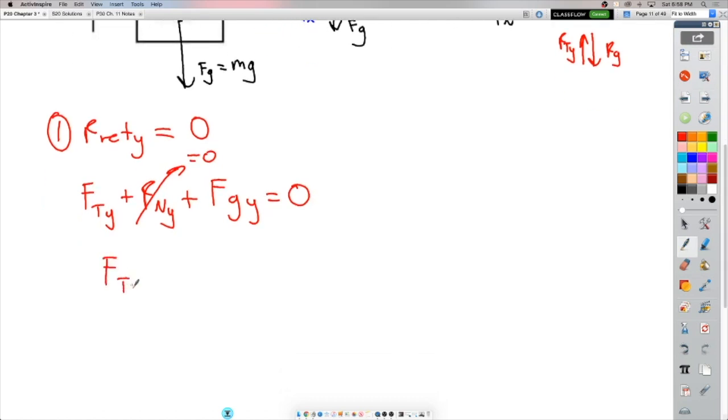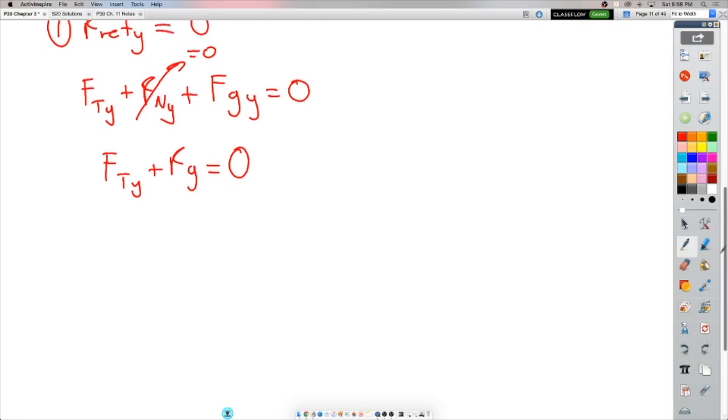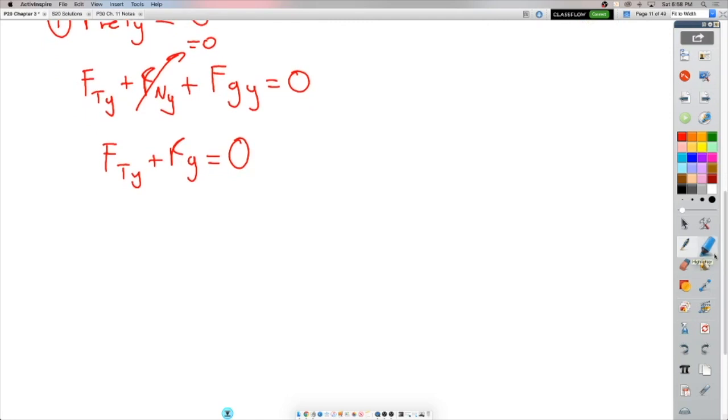The y component of the tension plus gravity. Just changing what is the y component of gravity. It's just gravity. It's all in the y-axis, right? Equals 0. Now we're going to do something here. It's always a good idea while you're manipulating, when something pops up in the math, ask yourself, does that check out with what I know is true?